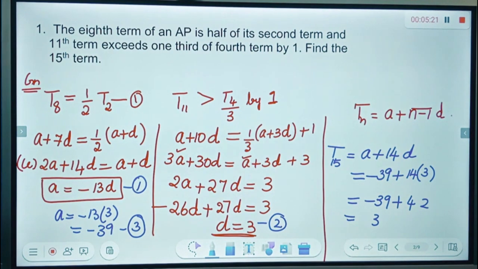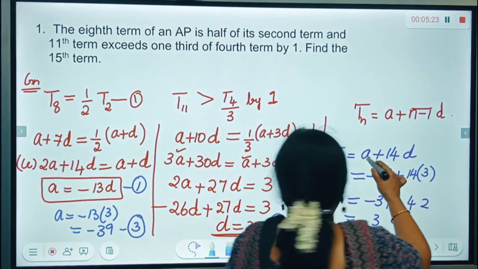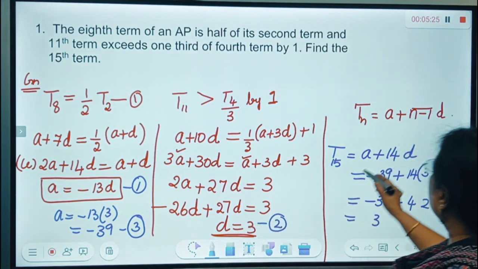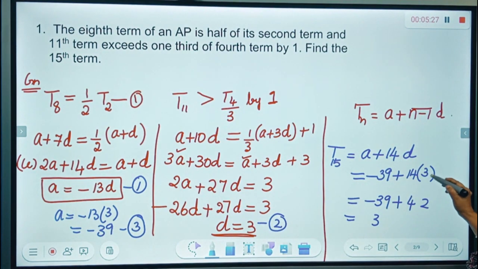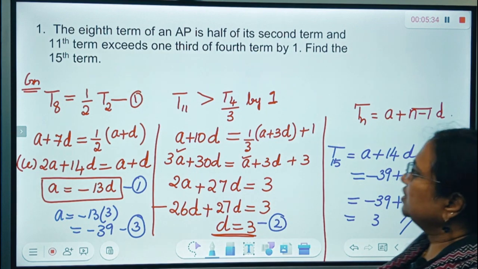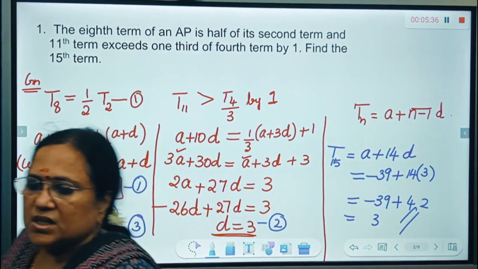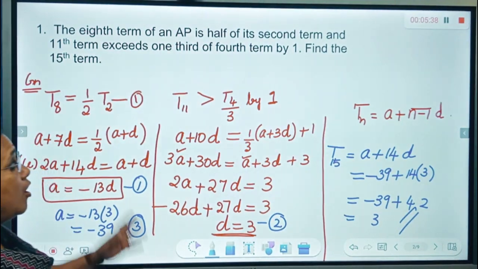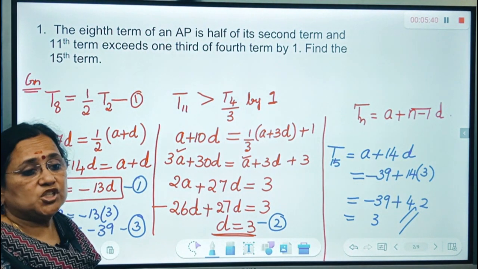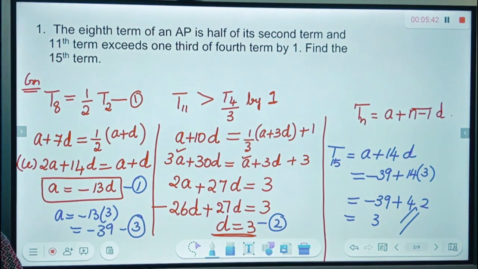T15 is 3, is it? A plus 14D. A you saw is minus 39. 14 into 3 is 42. So 42 minus 39 is 3. So this is T15. Is it clear? Are you all able to follow how to use the given information to find what is asked in the problem?